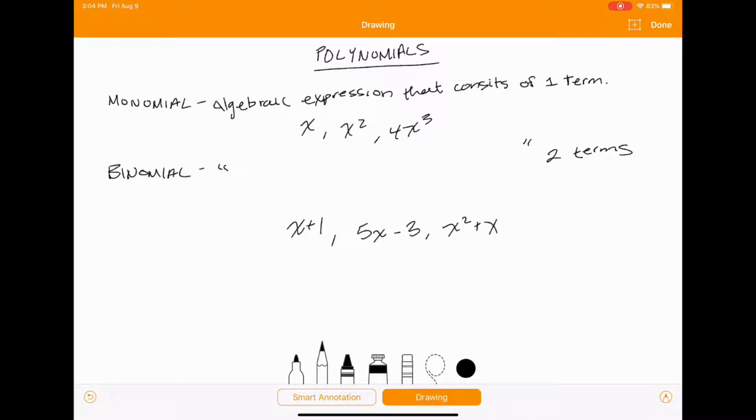So a polynomial then is an algebraic expression that consists of summing up monomials.